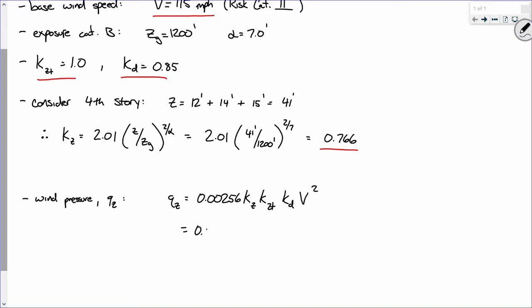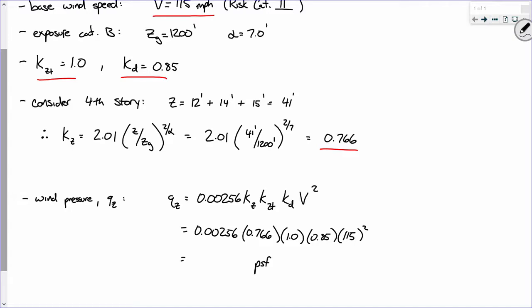So that's 0.00256 times 0.766. KZT is 1. KD is 0.85. And 115 squared will give us our answer in pounds per square foot.